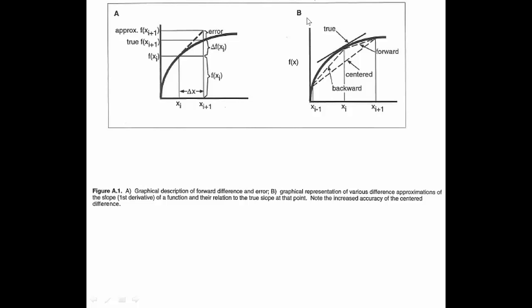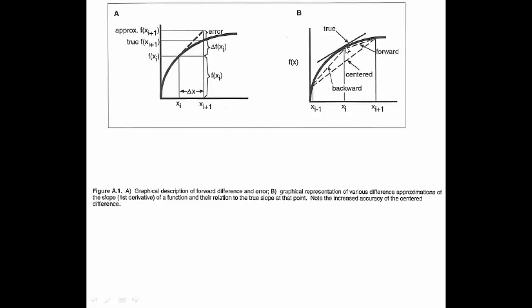So on the right side, we add x sub i minus 1. So we have a delta x behind and a delta x in front of our position of interest, x sub i. The curve goes through there still, and the true tangent is right at x sub i.